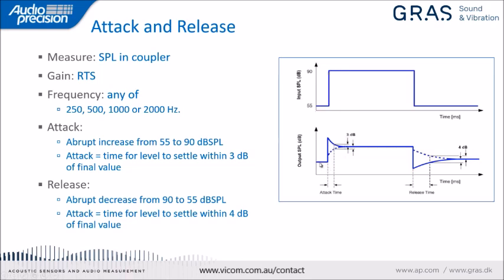And we look at the output of the hearing aid, and we monitor the output level, the envelope of the signal, and we measure the amount of time that it takes the signal to settle within plus or minus 3 dB of its final level here. Similarly, for the release, we step the input to the hearing aid from 90 down to 55 abruptly, and we measure the release time as the amount of time it takes for the level envelope to settle within plus or minus 4 dB of its final value.